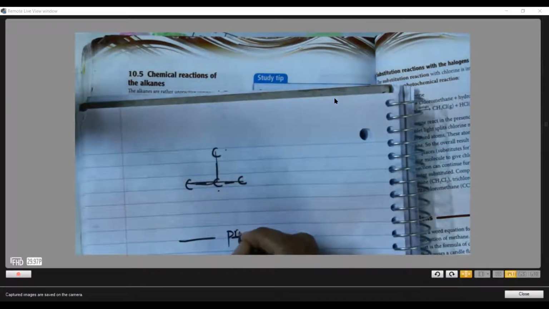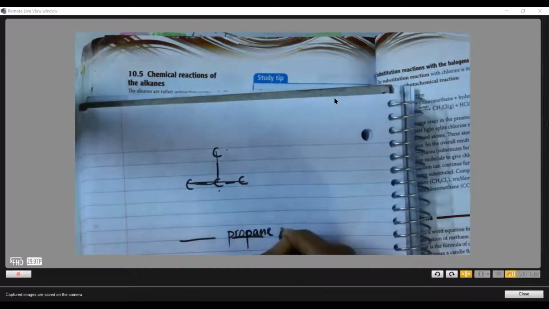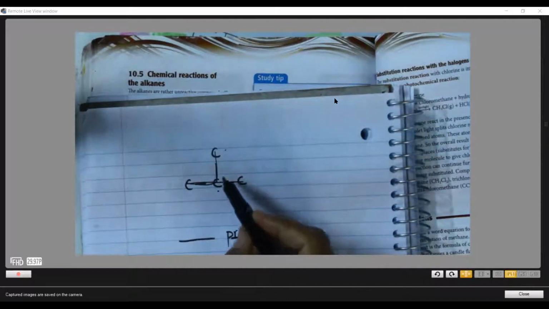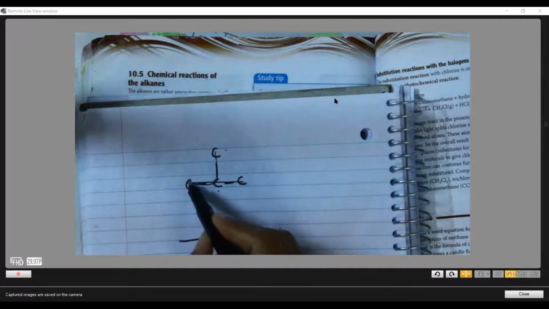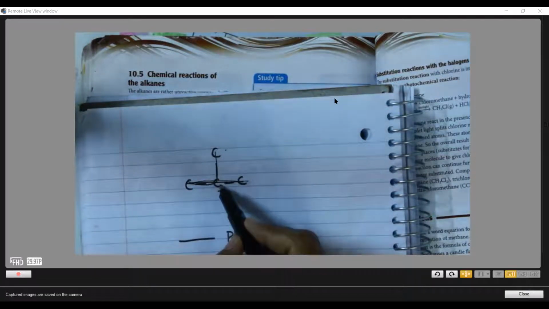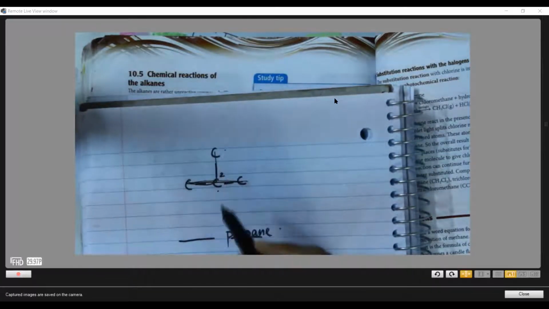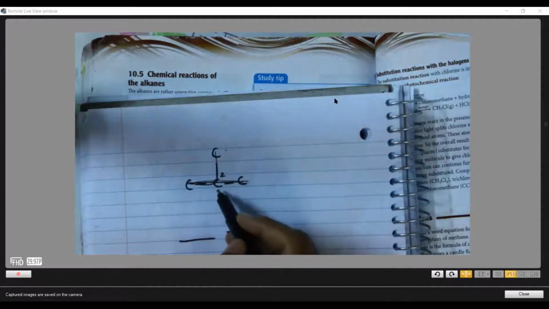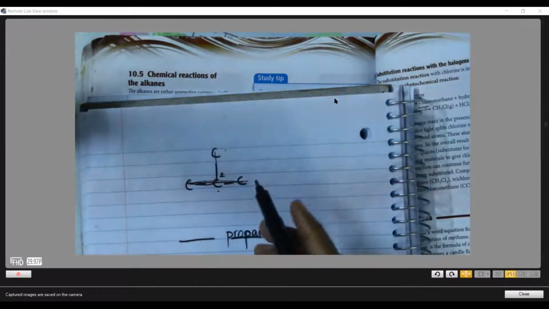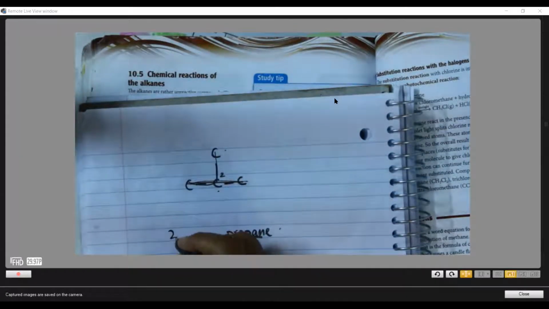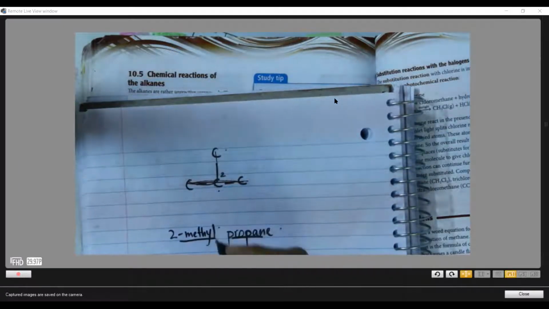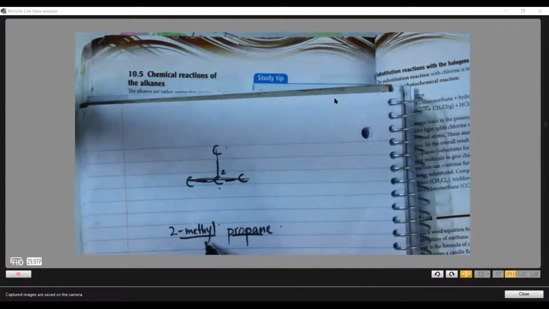So it will be propane. And then if we start counting the carbons, this is the branch. If I take this to be the parent chain and this the branch, then this group is on the second carbon of the parent chain, right? So I will write 2-methyl.